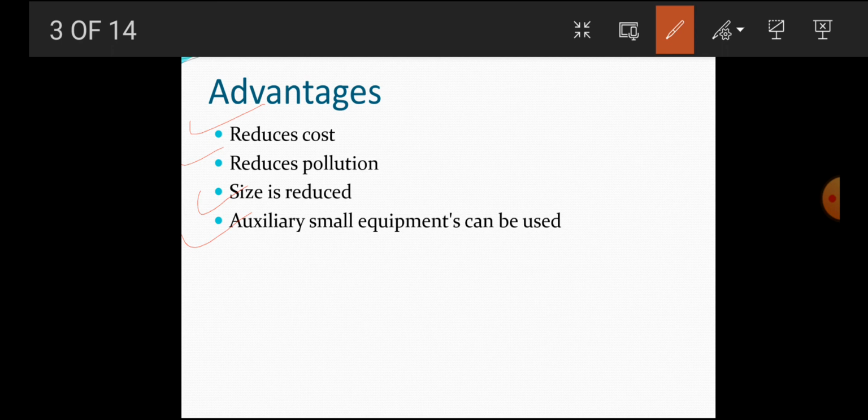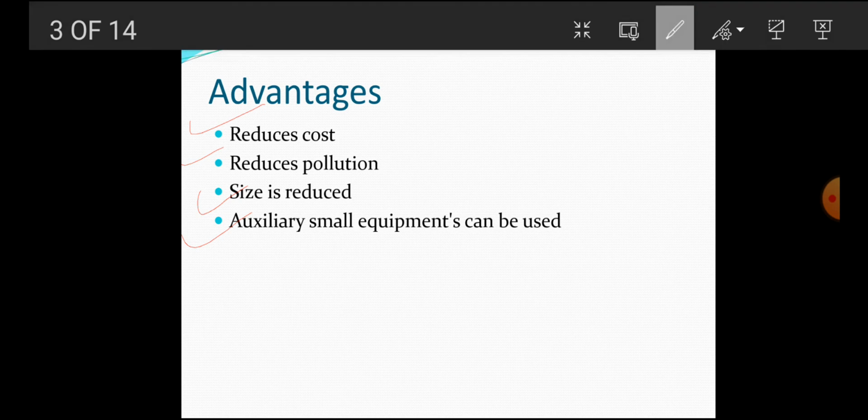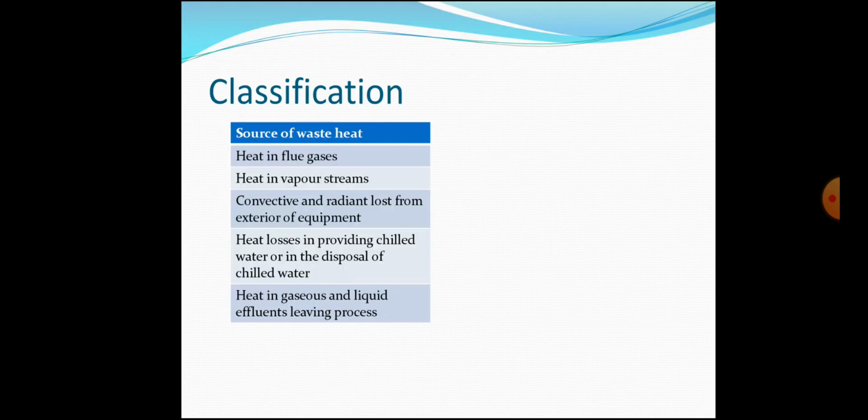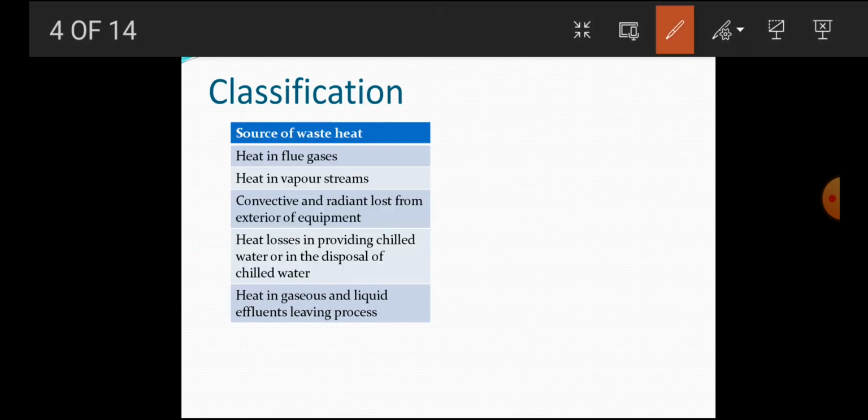Now we will classify waste heat recovery in various aspects on the basis of sources of heat only. In considering the potential for heat recovery, it is useful to note all the possibilities and grade the waste heat in terms of potential value.